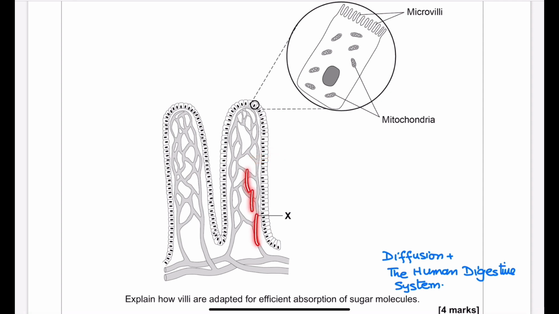There are a large number of thin capillaries present in each villus. It means that there is a huge supply of blood here. If you look into the structure of the cell, there are a large number of mitochondria present, which are responsible for providing energy to each cell to absorb the sugar from the small intestine.